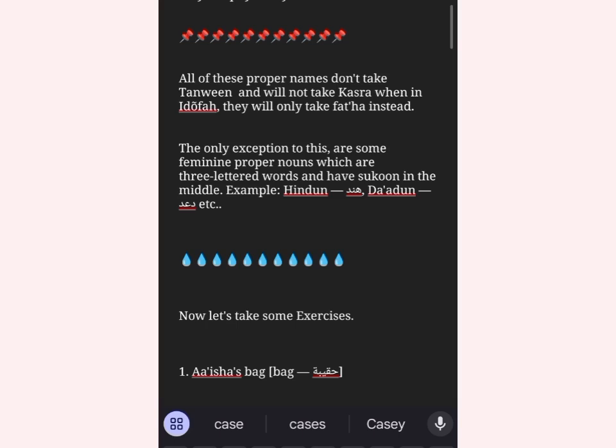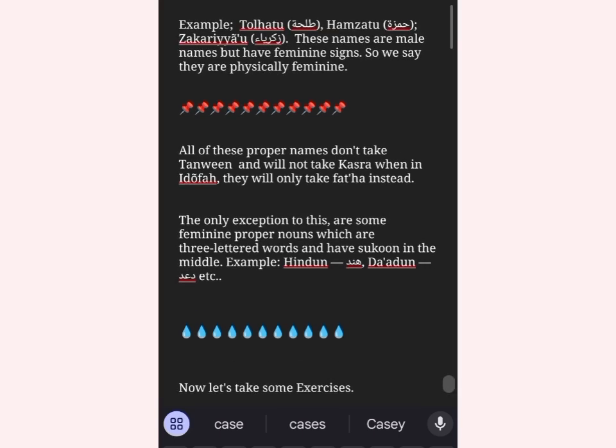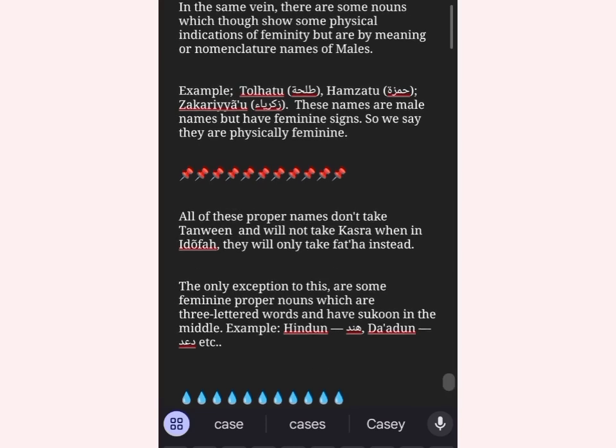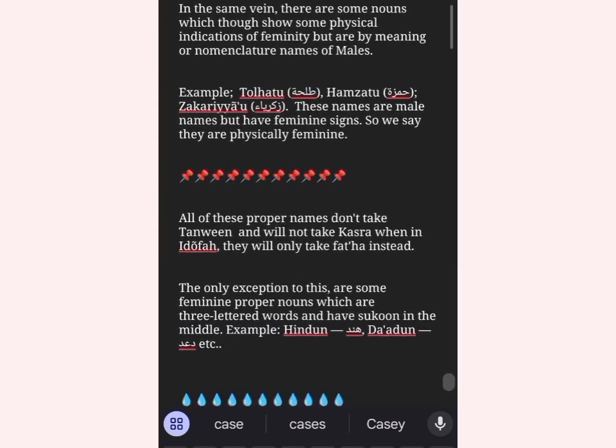The only exception is when you have feminine nouns that are three-letter words, like Da'dun, Hindun, and so on and so forth. But other than this, four-letter feminine proper nouns don't take tanween at all. So Hamza is Hamzatu, Talhatu, Zakariya'u.